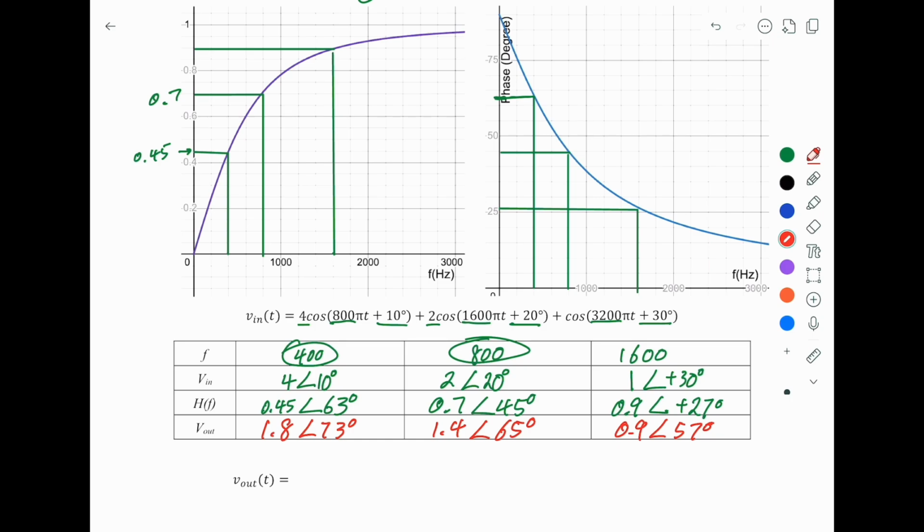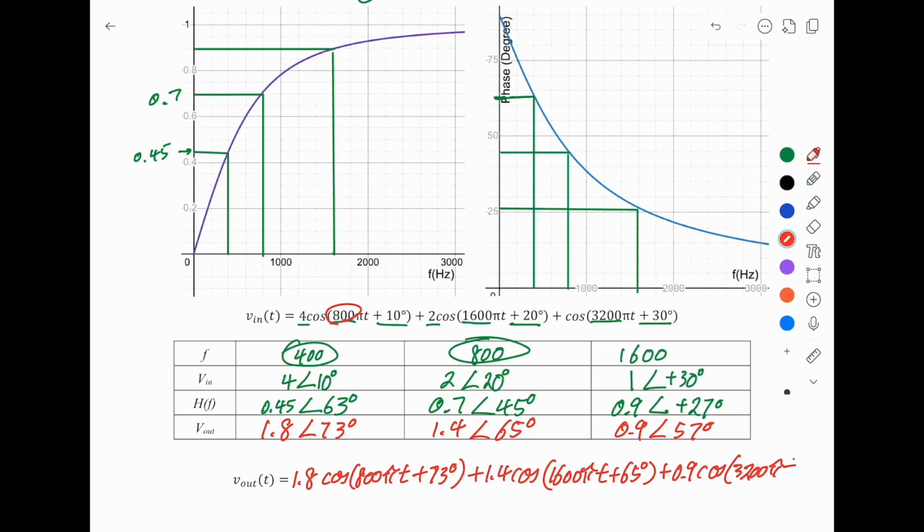So the output signal is equal to 1.8 cosine 800 pi t, with phase angle 73 degrees, plus 1.4 cosine 1600 pi t plus 65 degrees, plus 0.9 cosine 3200 pi t plus 57 degrees.